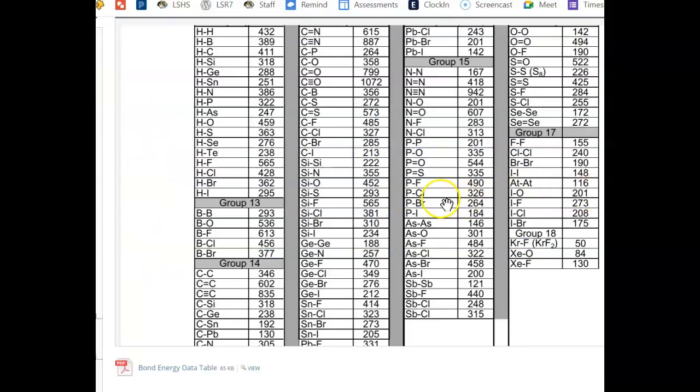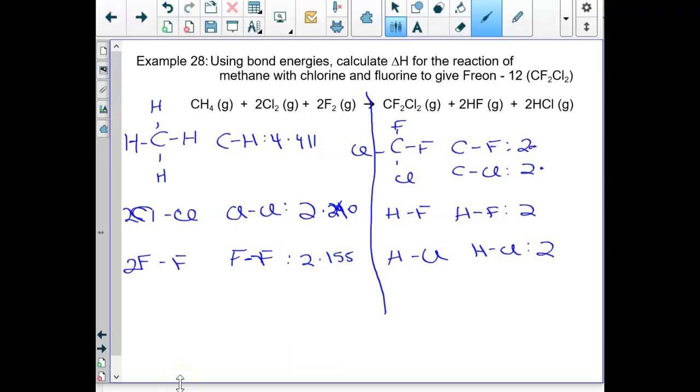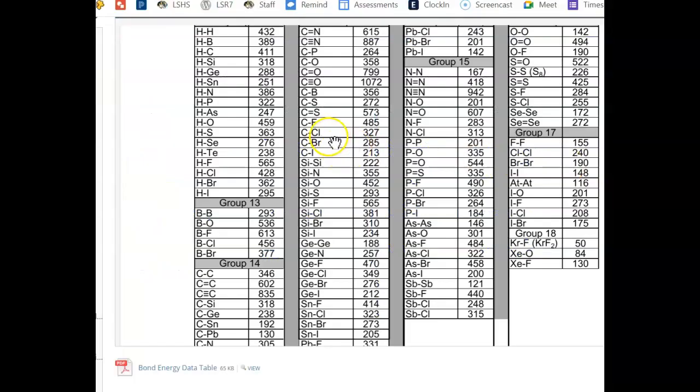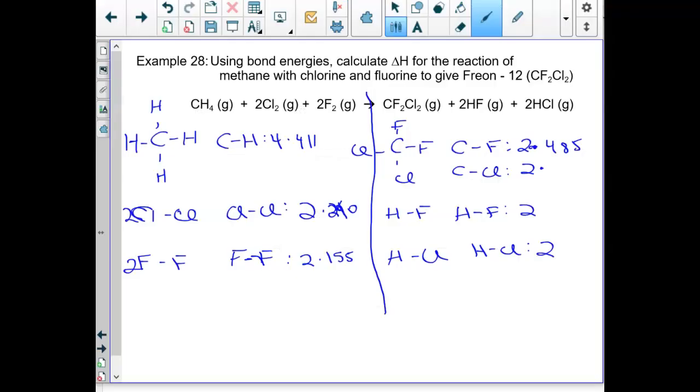Carbon-fluorine bonds. So right here, 485. And then carbon-chlorine bonds, 327. So you're just looking these up. Key is to figure out how many there are.